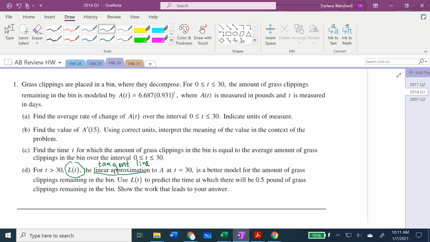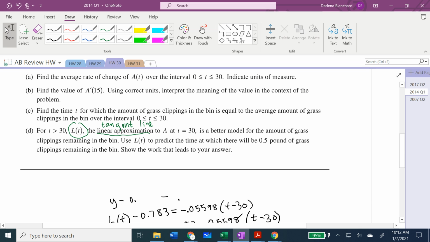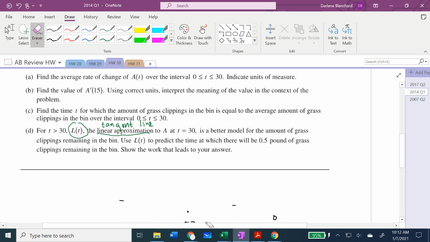What I would tell you to do is, for a moment, don't worry about the letter L. Just focus on, how do I make an equation of a line? And to make an equation of a line, it's always going to be y minus a known y coordinate equals slope times x minus that same point's known x coordinate.